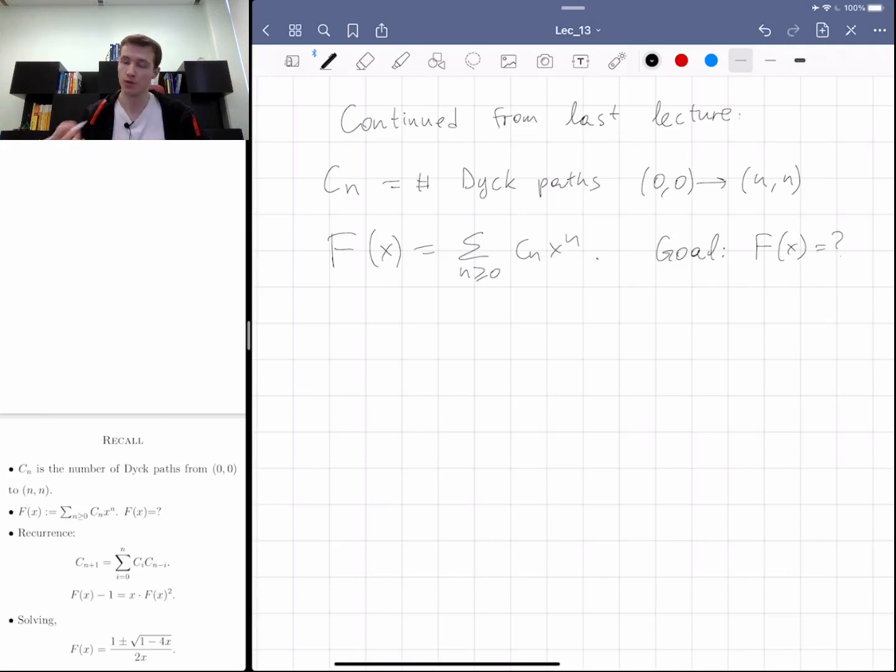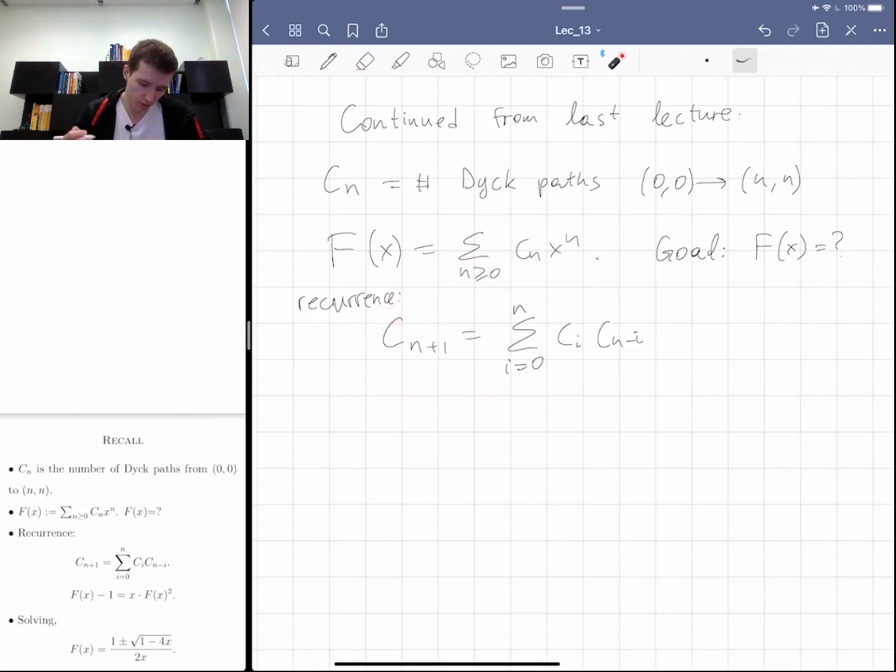The first step was to find the recurrence, which I found kind of bijectively. It has a very simple form, just c_i times c_{n-i}, summing over i from 0 to n. As I did in the last lecture, this recurrence can be easily transformed by multiplying by x to the n plus 1 and summing over all n.